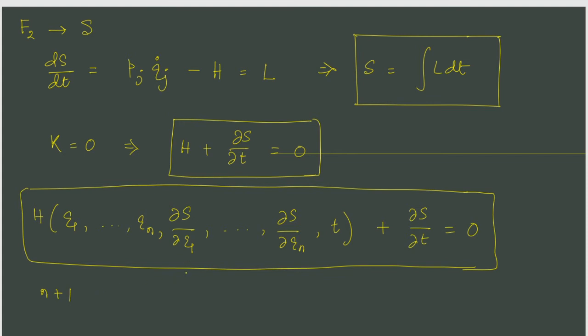Each derivative after integration will give us one constant of integration, and one of these constants will definitely be totally additive, in the sense that the final function S will be a function of q and the constants, because the p's are constants as we demanded, and a function of time, plus some additive constant, let's say alpha n plus 1.